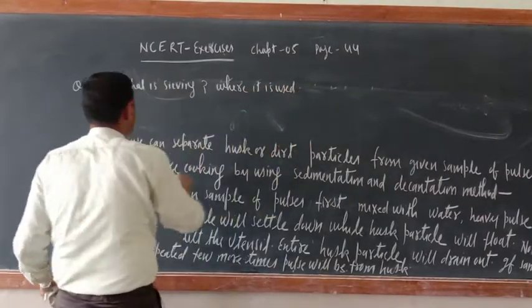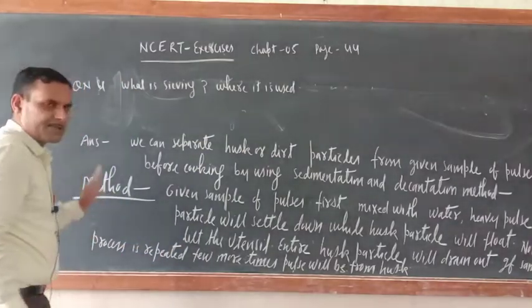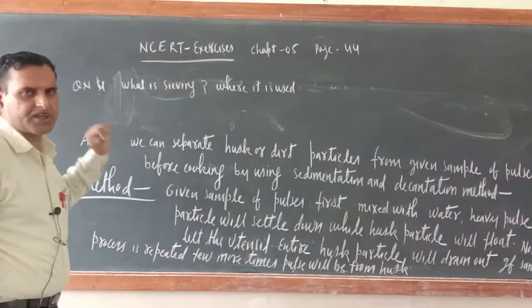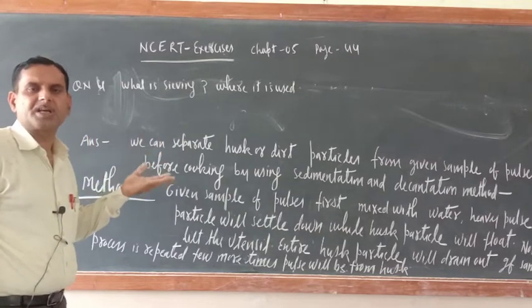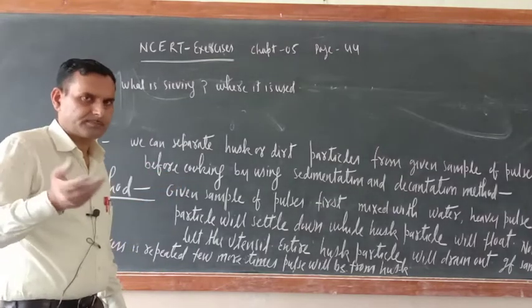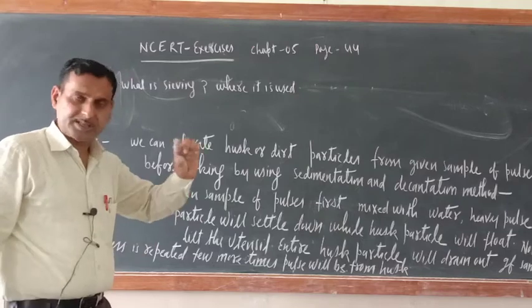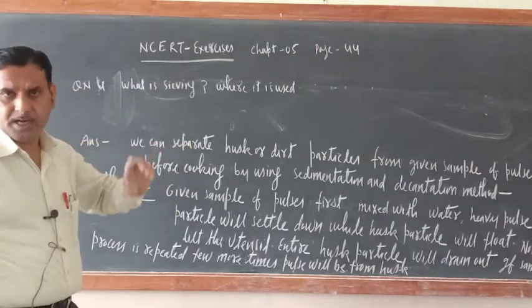So just try to understand. Sieving is also a method of separation of components of a mixture. In the sieving process, the mixture is taken in the sieve. In the sieve, small holes, pores, are there.